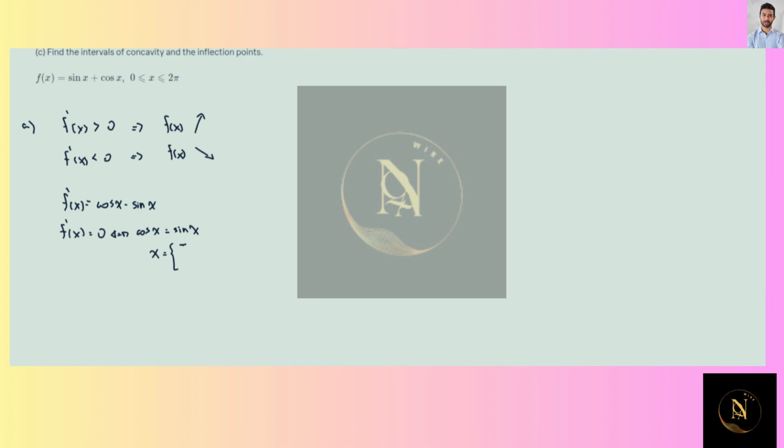X equal to pi over 4. Excuse me, they only intersect at 2 locations. X equal to pi over 4 and 5 pi over 4.